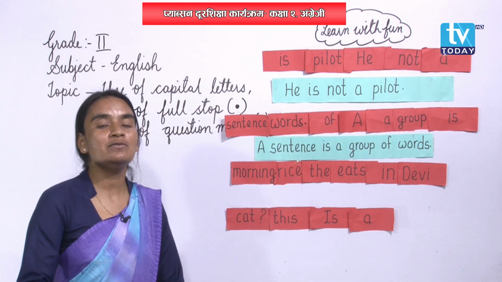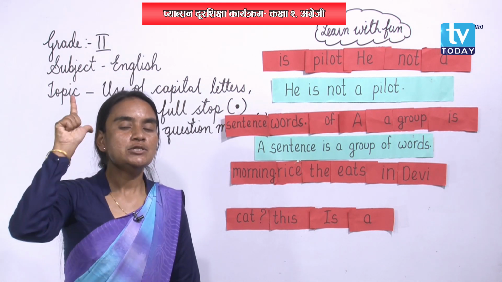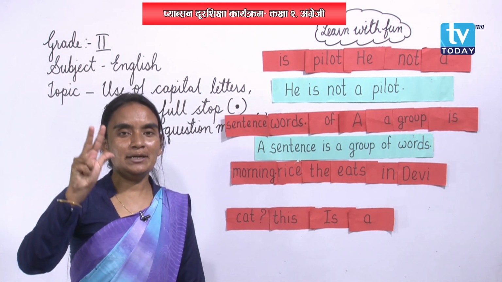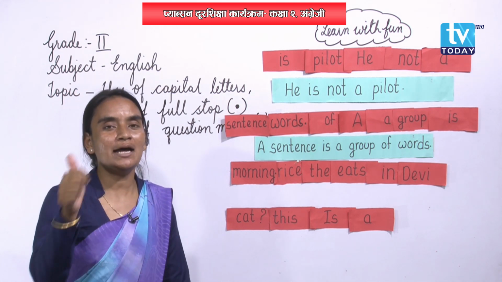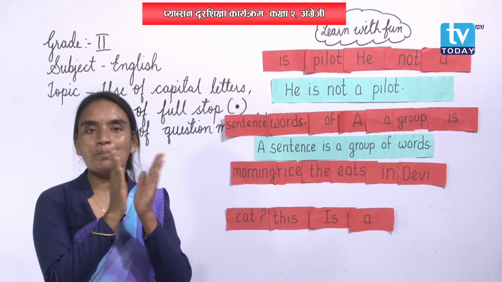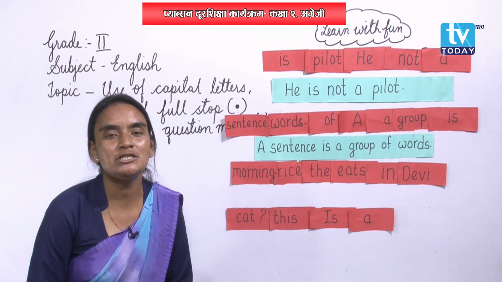Now the countdown 5 to each and every student. 1, 2, 3, 4 and 5. Did you try? Very good. A big round of applause to all the students who have tried it well.